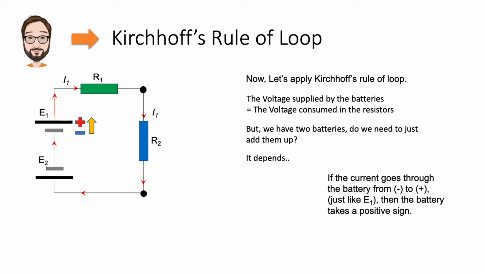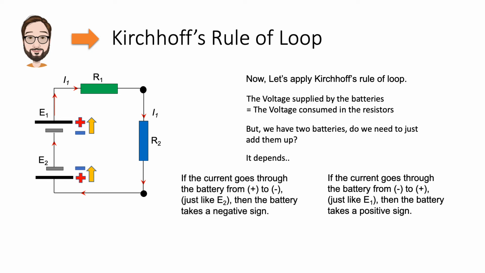If the current that you proposed previously goes through the battery from the negative side to the positive, just like E1 in here, then the battery takes a positive sign. But on the other hand, if the current goes through the battery from the positive side to the negative side, just like E2 in here, then the battery takes the negative sign.